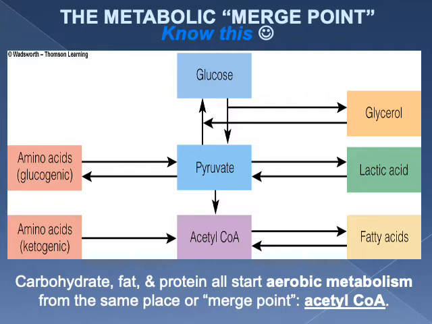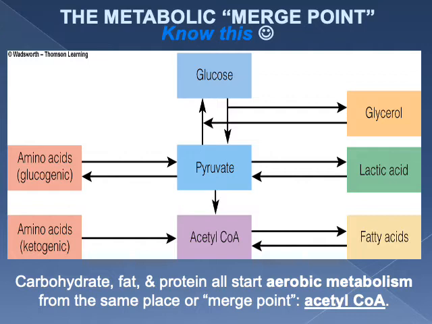And in the next slides, we're going to see how glycerol and fatty acids enter the metabolic pathways, where glycerol can be converted to glucose, and glucose can be converted to glycerol, and fatty acids can be converted to acetyl-CoA, and acetyl-CoA can be converted to fatty acids. So those are reversible steps.